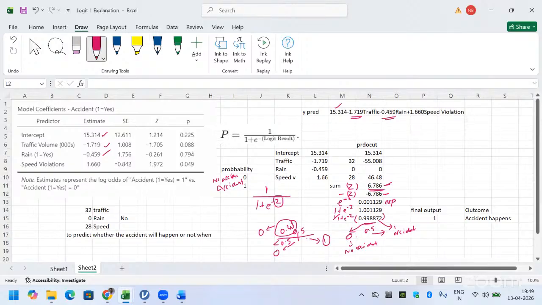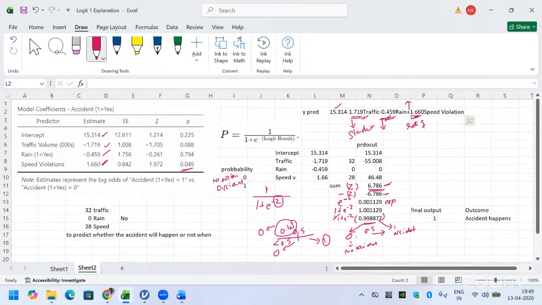And the last one is speed violation. This is going to be the most impactful variable, at plus 1.660, and definitely it increases the rate of accidents. Rain is decreasing it, maybe surprisingly, and even with more traffic volume, some people will try to slow down their vehicles.